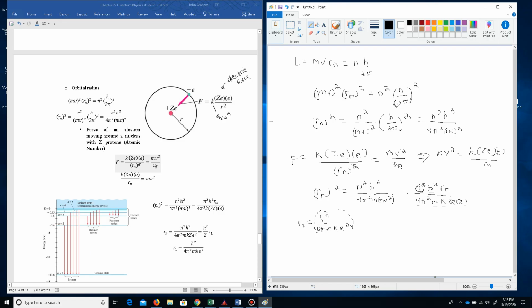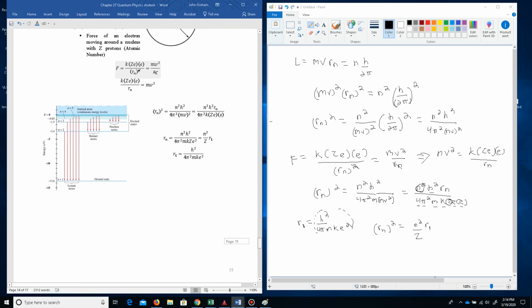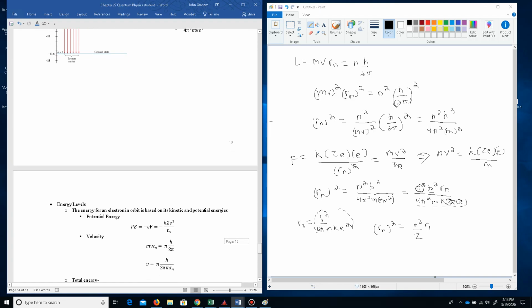And so if we look at that, we're leaving the Z. We can put in R1 in place, so Rn squared here is going to be the R1, which in my notes should be squared, R1 n squared over Z. So this is the relationship.